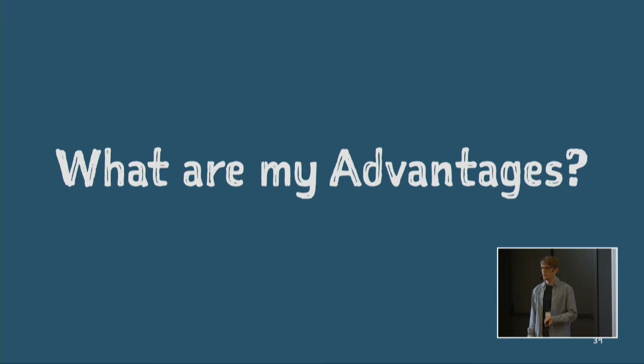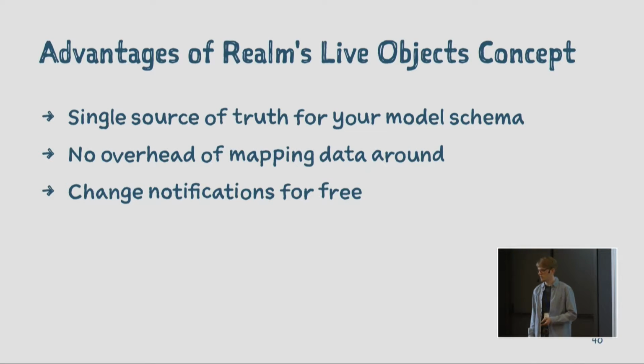So what are the advantages of this concept? The advantage and differentiation to what we have seen before is you have a single source of truth for your model schema. You define it just in your model in the programming language you use, and not again at a different place in your database, for example.